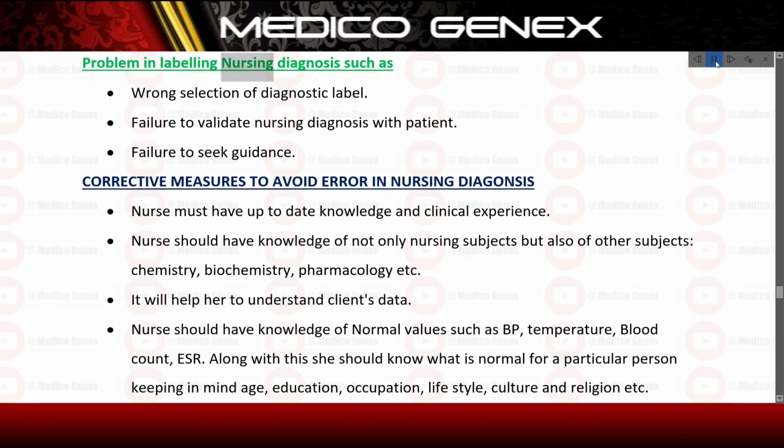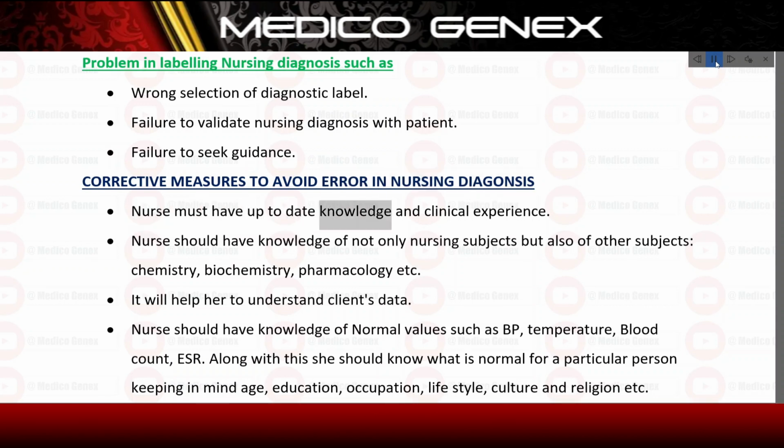Problem in labeling nursing diagnosis, such as wrong selection of diagnostic label, failure to validate nursing diagnosis with patient, failure to seek guidance. Corrective measures to avoid error in nursing diagnosis.